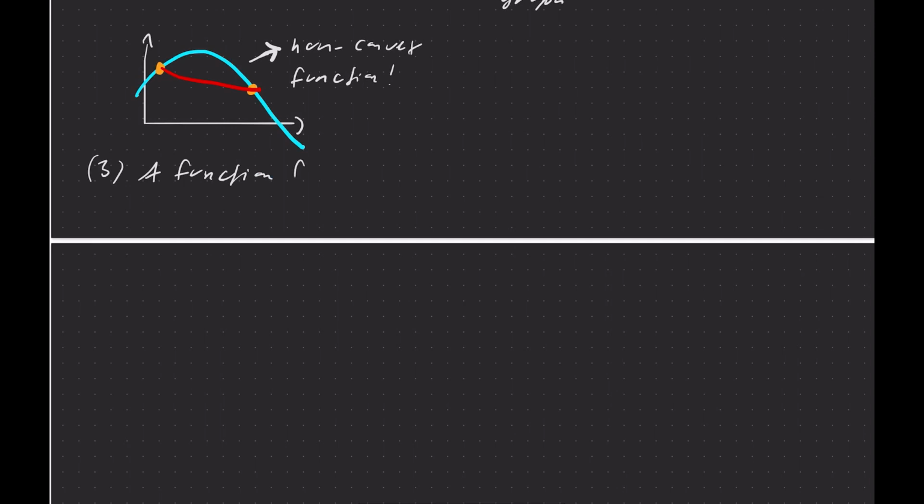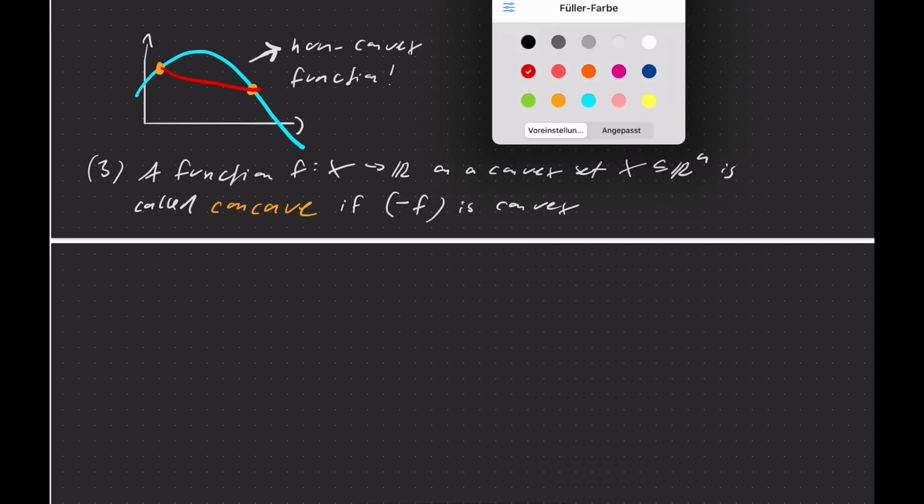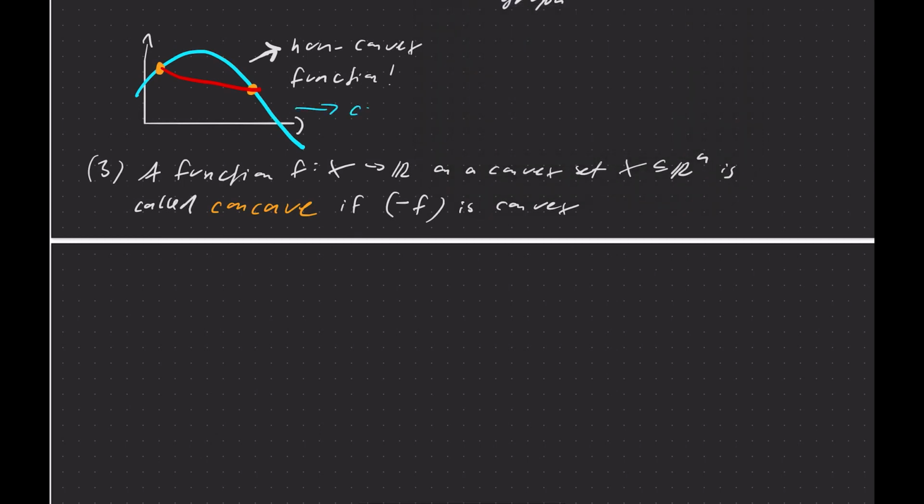So a function f from X to R on a convex set X subset of R to the n is called concave if minus f is convex. So the function that we've seen here above, this one, that is a concave function, because minus that function would then be convex.